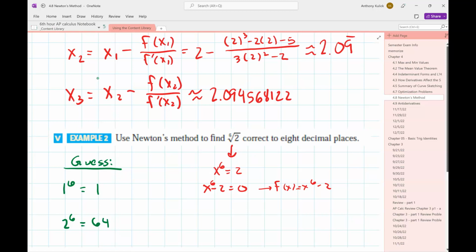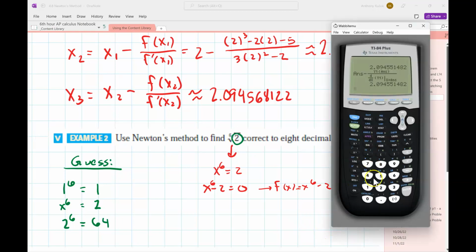What number am I evaluating? 2, right? 2 falls between 1 and 64, so this x to the 6th is something between 1 and 2. Everybody agree with that? Which one is it closer to, 1 or 2? Let's make that our guess then. 1 should be our guess.